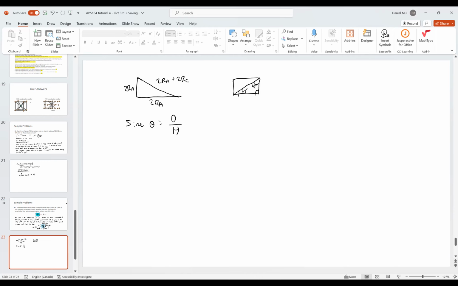Perfect cube. So that implies that sine of 45 degrees is equal to 2RA over the diagonal.